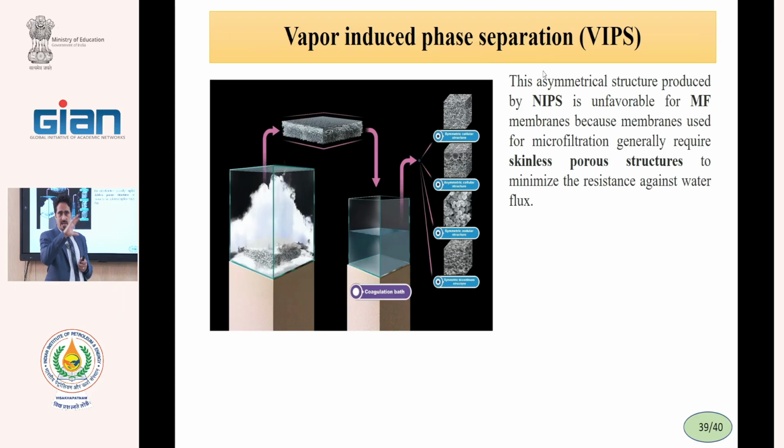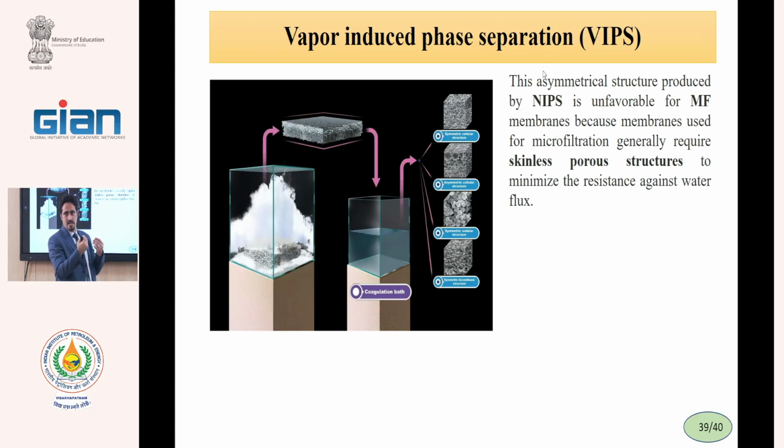Vapor is mixed with the air. Therefore, when the concentration of water reduces, the exchange rate reduces. When we use VIPS, the concentration of water is reduced because water is dispersed in air.